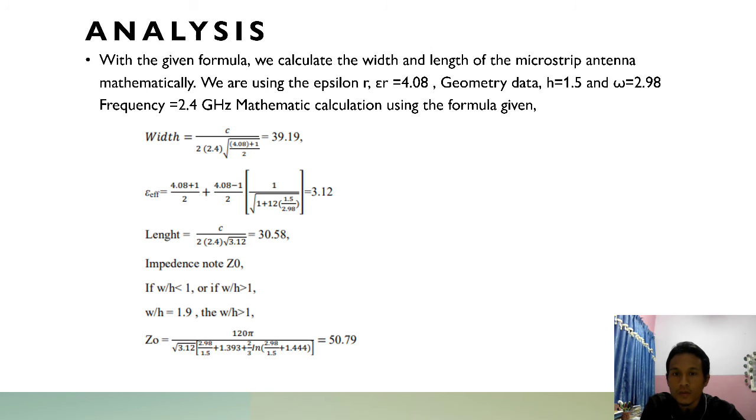We are using epsilon r 4.08 and the geometric data, height 1.5 and width 2.98. Our frequency is 2.4 GHz. We get the width as 39.19 and the effective epsilon as 3.12. The length is 30.58 and our impedance is 50.79.